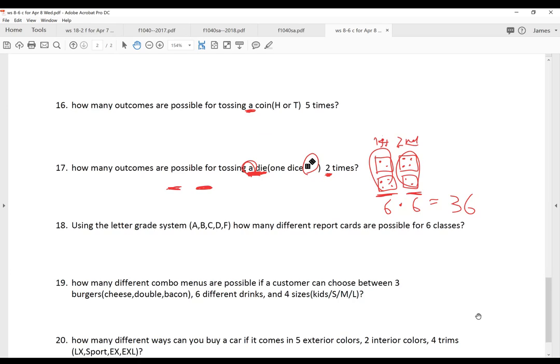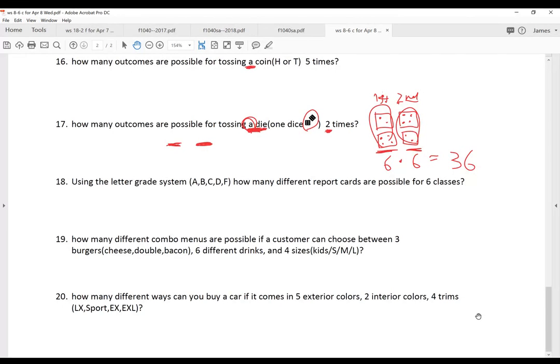And then let's just do one more. Using the letter grade system, A through F, how many different report cards are possible for taking 6 classes? So again, come up with an example. First period, I got an A. Second period, I got an A. Third period, I got a C. And fourth period, fifth period, do I stop?